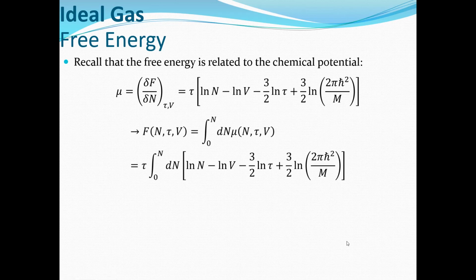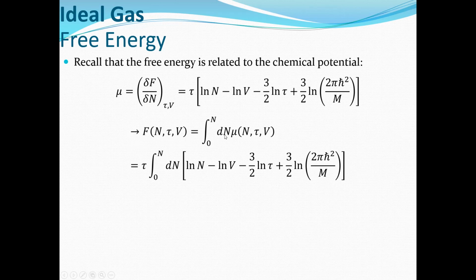Once again, we can use this towards the idea of relating this with free energy. Again, we're just rehashing a lot of similar things. If you remember, the chemical potential and the free energy have this relationship. So when we plug in this, this expands to look like this.